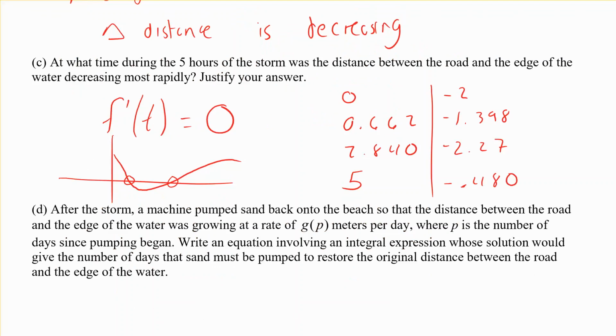So I can see that the distance between the road and the edge of the water was decreasing most rapidly at time 2.840. You definitely get points for checking the endpoints, so don't forget that.